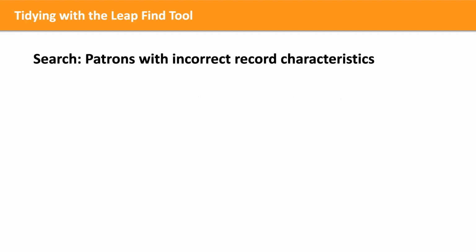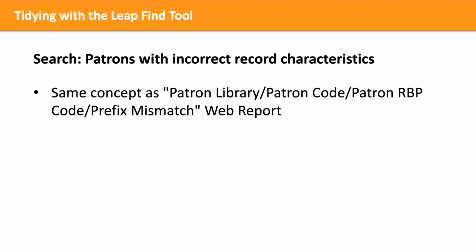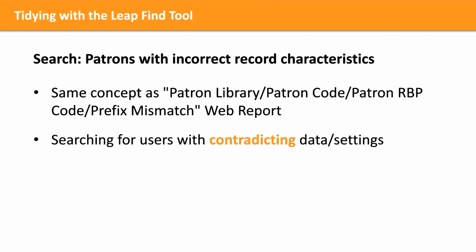Our first example is going to look at how to identify users with incorrect patron characteristics that need to be cleaned up. So we've kind of seen this theme several times in web reports. During the web reports section, we looked at things like those patron mismatch reports, and these helped us to identify patrons who, again, have contradicting information.